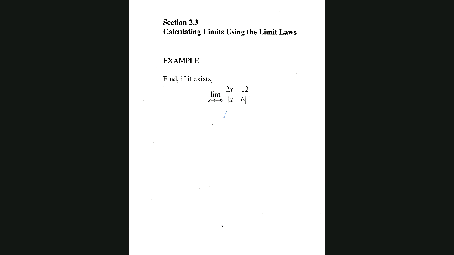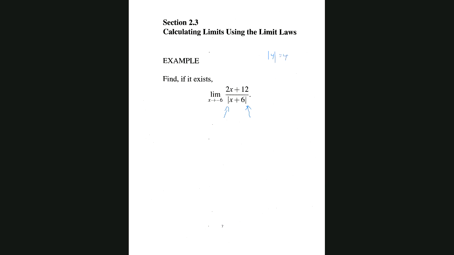What are these up and down symbols here? Absolute values. Okay. So you've all seen absolute values. The absolute value of 4 is just 4.